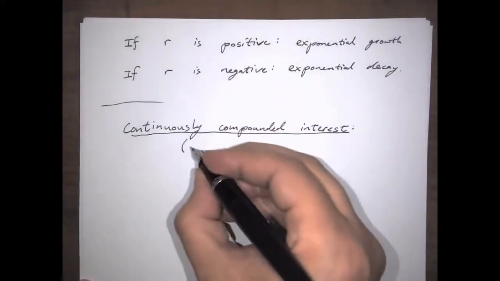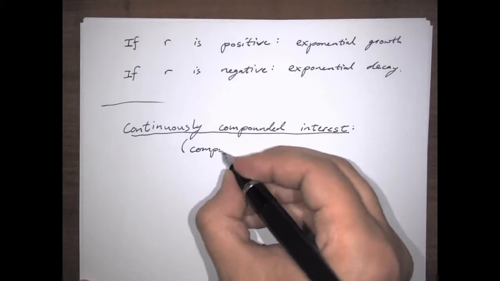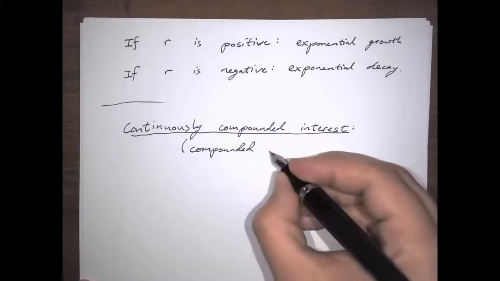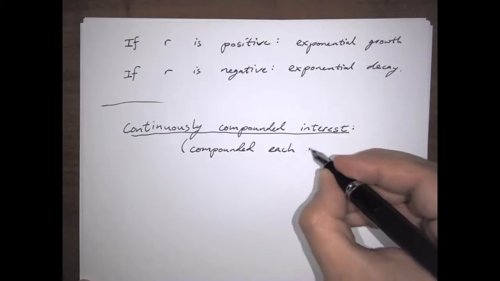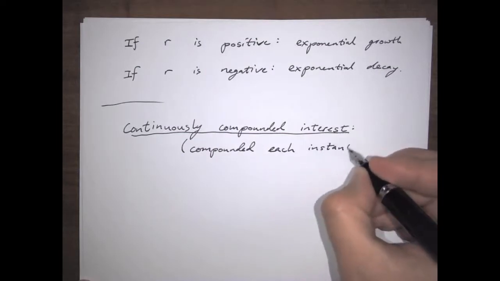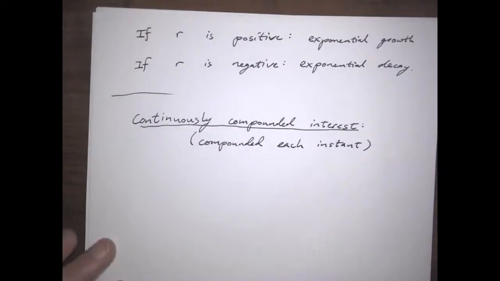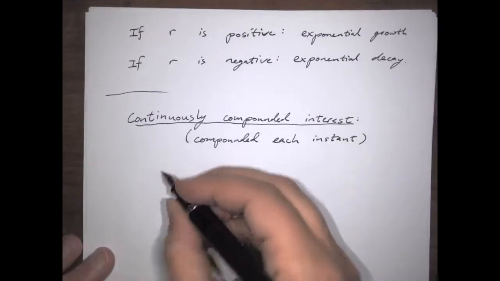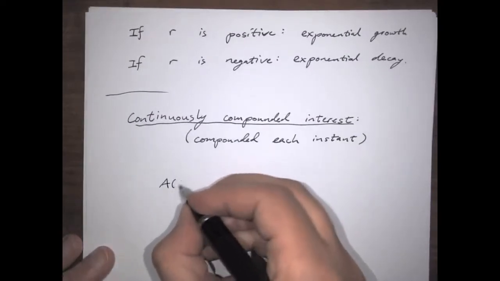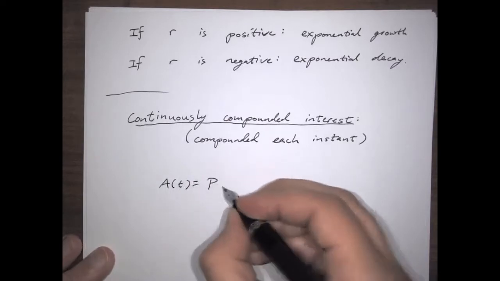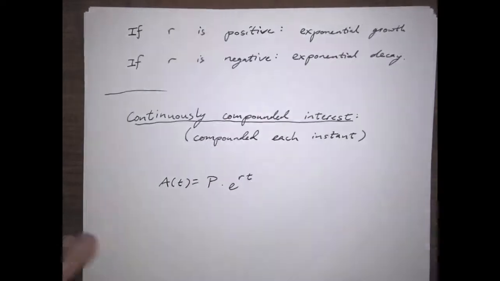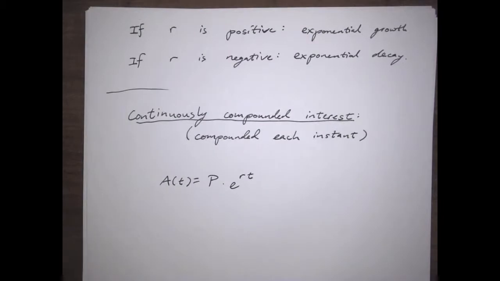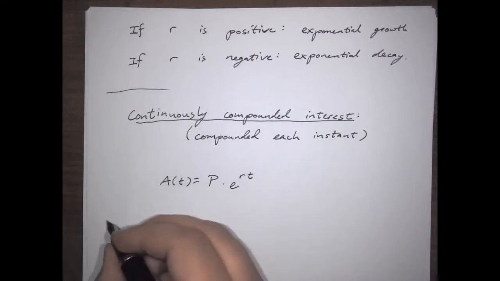This is compounded each instant. The formula for that is that the amount is equal to the principal still times e to the rt, and this represents the absolute extreme when it comes to compounding.